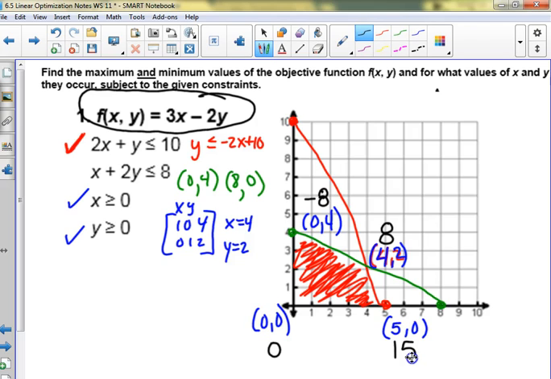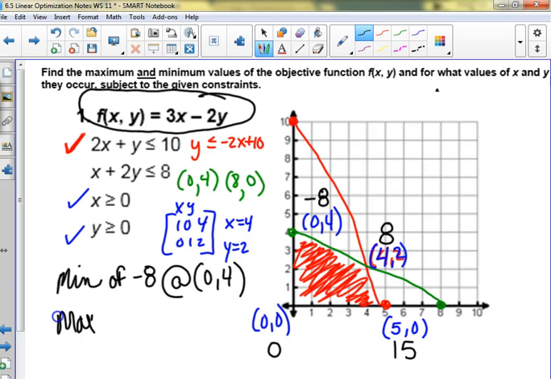Normally, I'm thinking if there was a plus in there, definitely it would be at 0, 0, the minimum. But because it was minus, the minimum value of negative 8 occurred at 0, 4. And the maximum of positive 15 occurred at 5, 0. Does that seem right, guys?